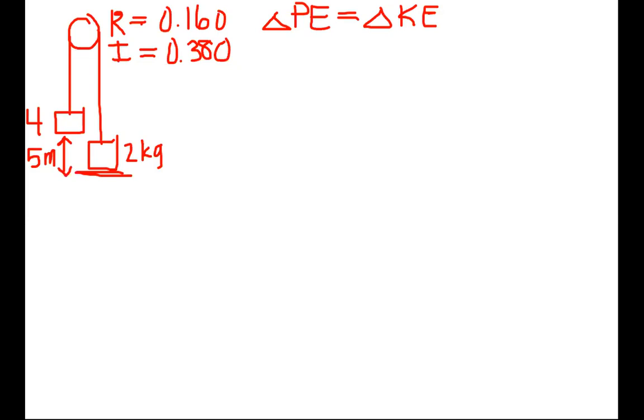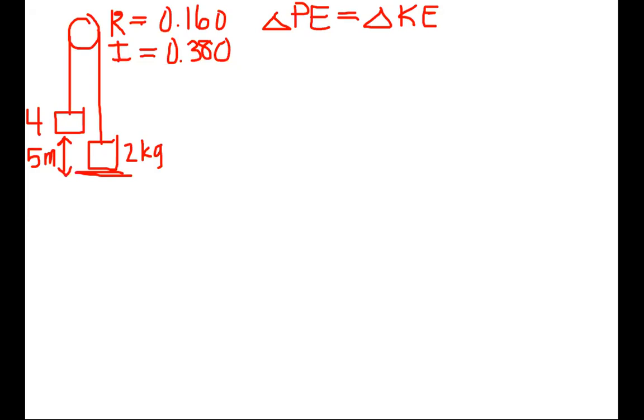Okay, so we know that the change in potential energy is equal to the change in kinetic energy. So let's have a look at what those changes in potential energy are. Each of the boxes in this problem is going to have a change in potential energy as they change their height.